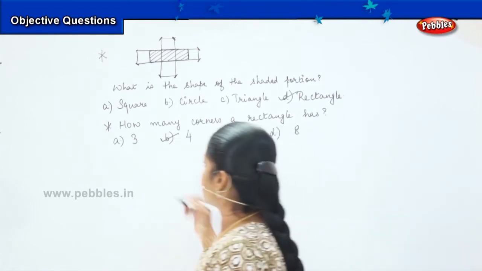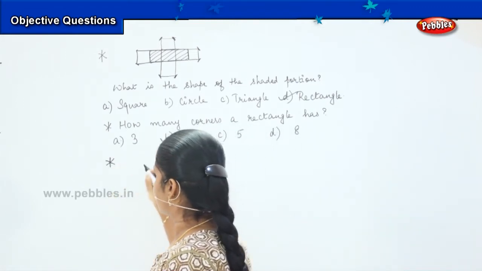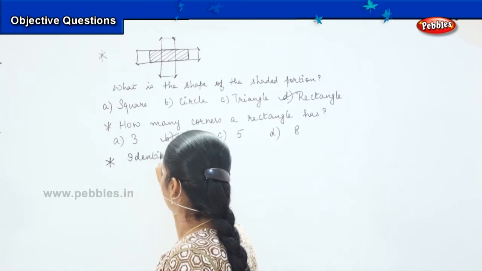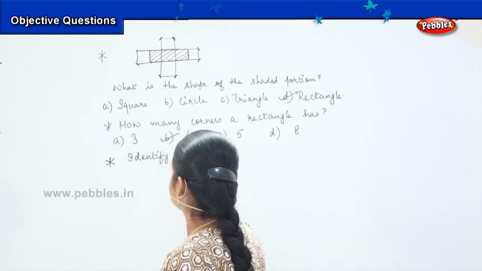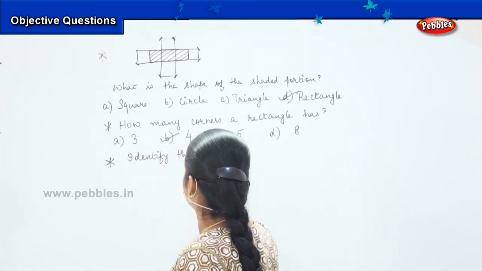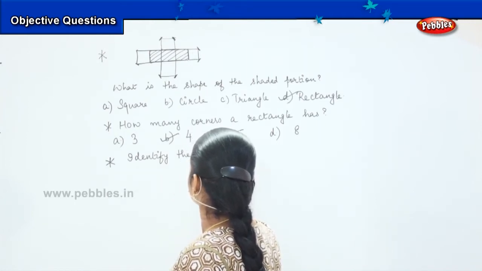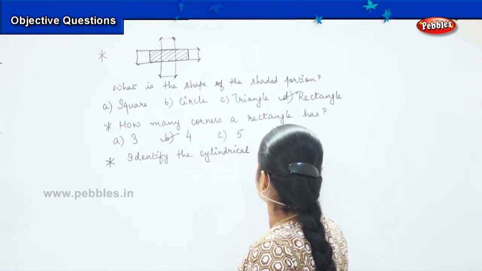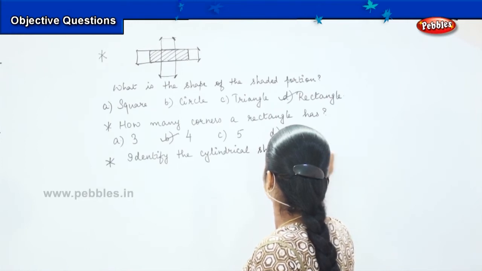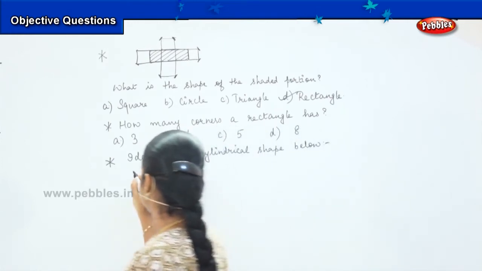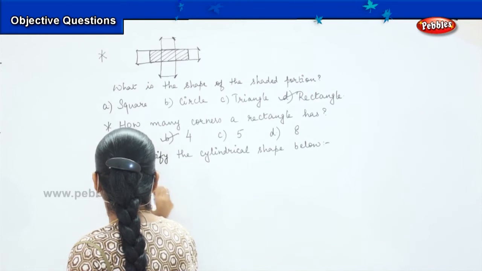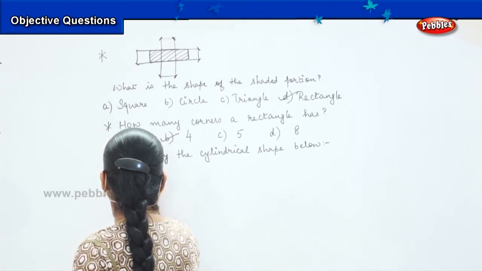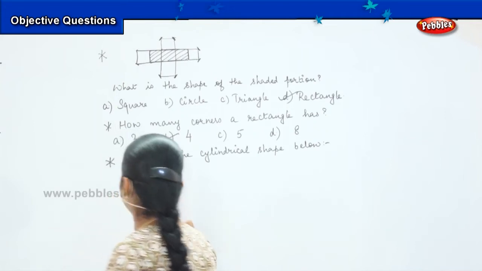Okay, great. So here comes my next question. You have to identify the cylindrical shape in the given picture. And your options are, the first one is a birthday party cap.